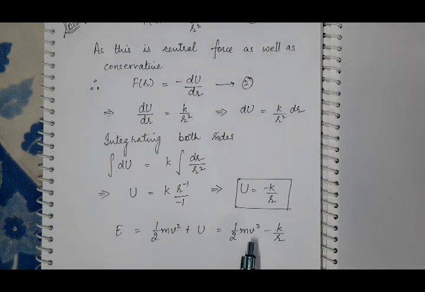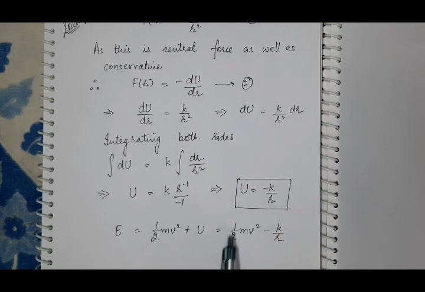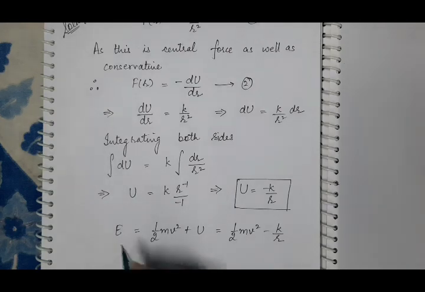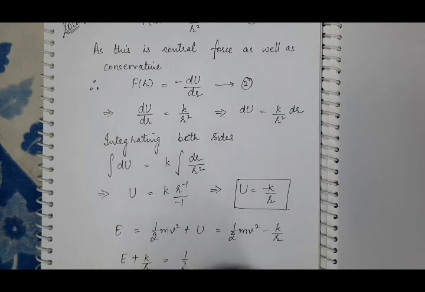So now take all the terms to the other side and just keep this v on this side. So this minus k by r will be plus k by r here. E plus k by r is equal to half mv square. Now move this 2 to this side and m to this side.